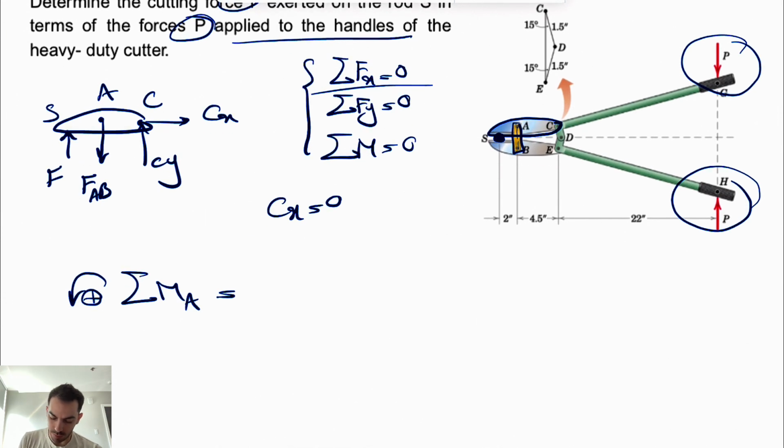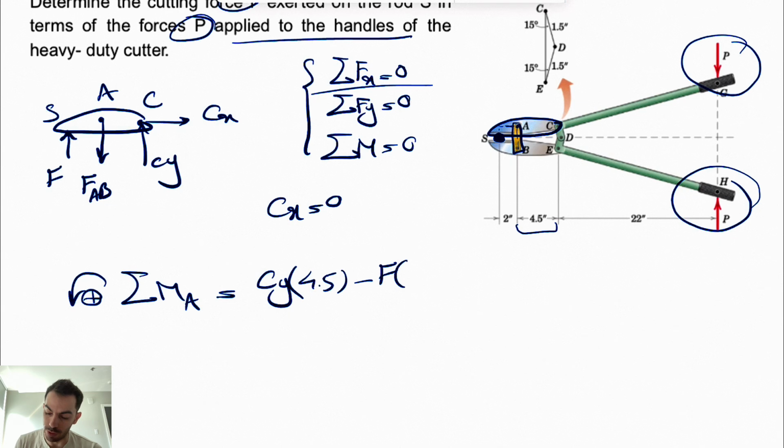The moment of Cy is going to be counterclockwise, so positive: Cy times the distance from A to C, which is 4.5 inches. And the moment of F about A is going to be clockwise, so negative F times the distance from A to where the rod S is located.